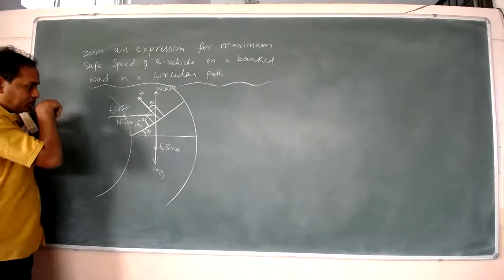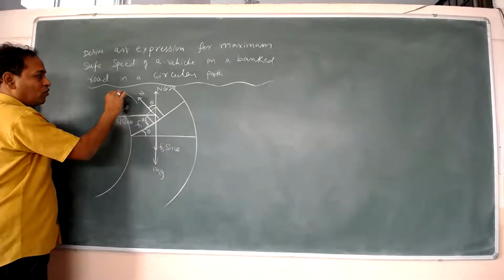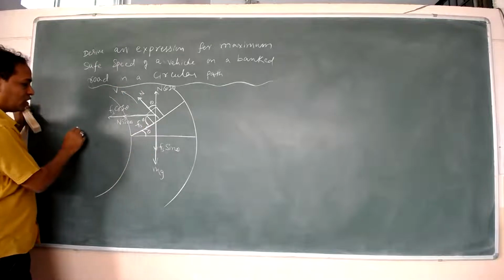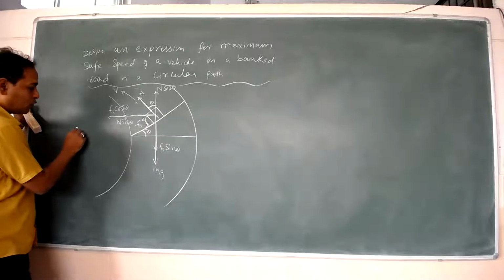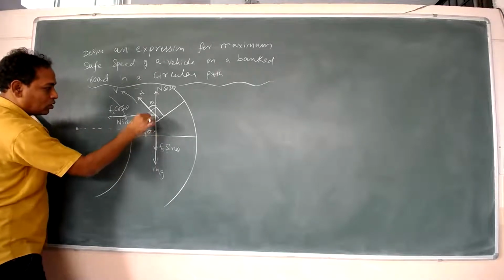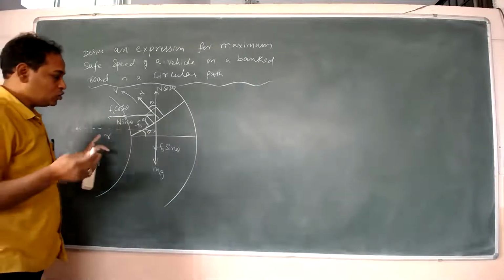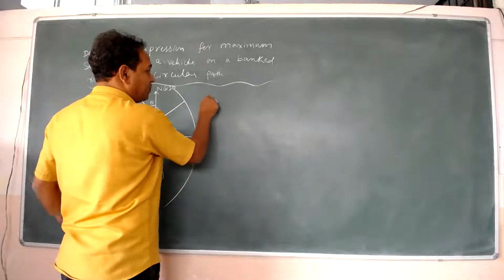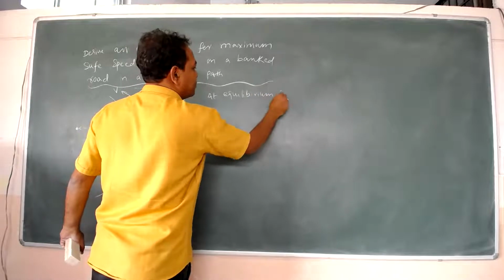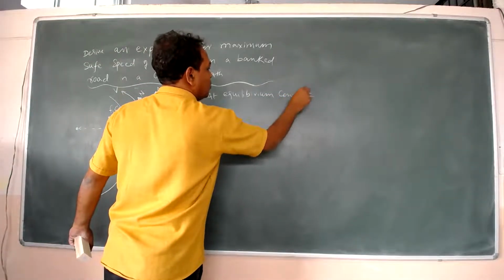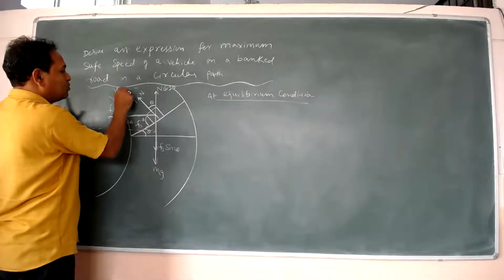Let us say this vehicle is moving on the road with a velocity v. Somewhere here will be the center of the curve. Let us say this is the center point, and the distance from the center to this vehicle is r. So from this diagram, let us say this car is moving with a maximum speed.